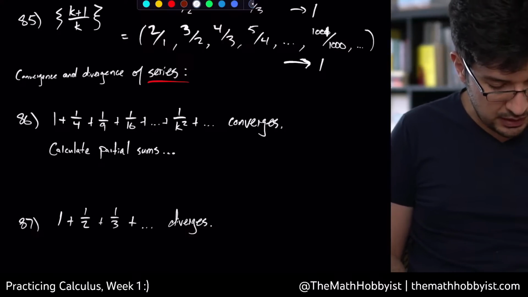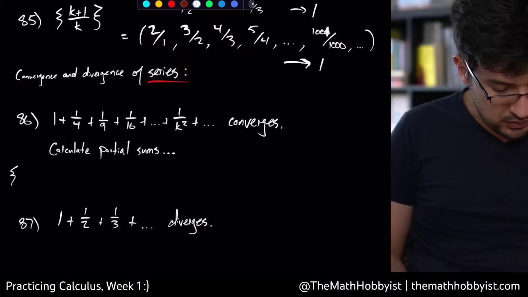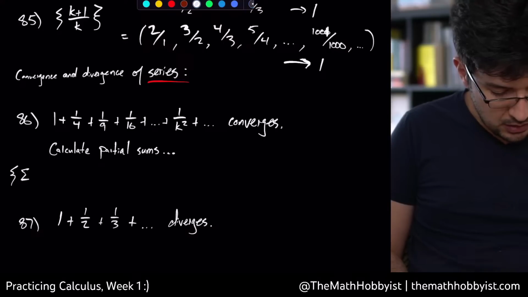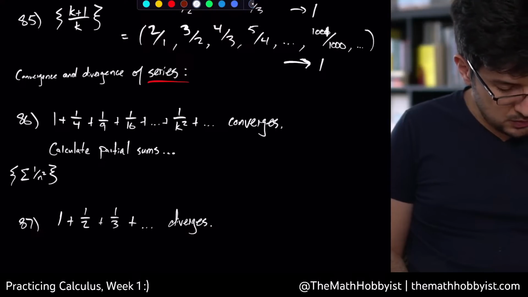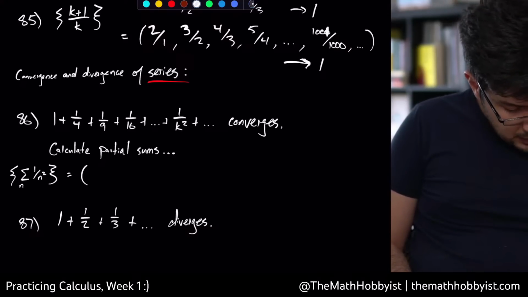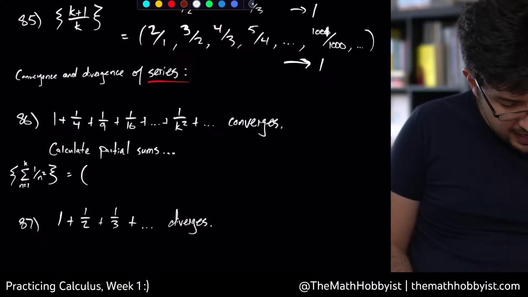So now we are thinking of the sequence where each term is a sum of 1/n squared, from n equals 1 to k.